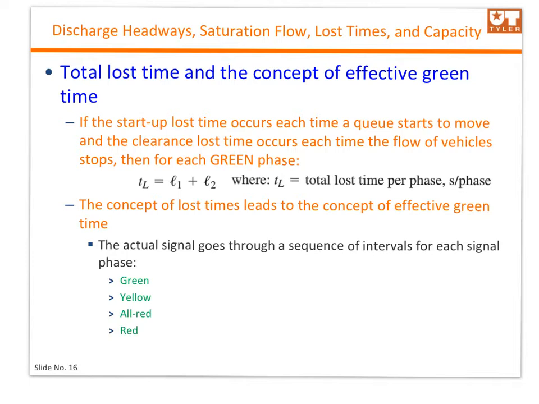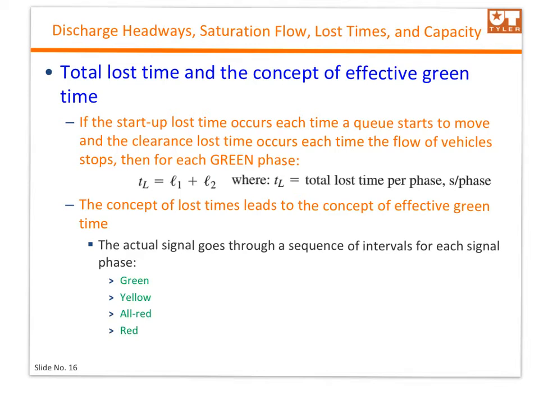So TL, the total lost time per phase, has to include L1 and L2. The concept now of lost times leads to the concept of the effective green time.